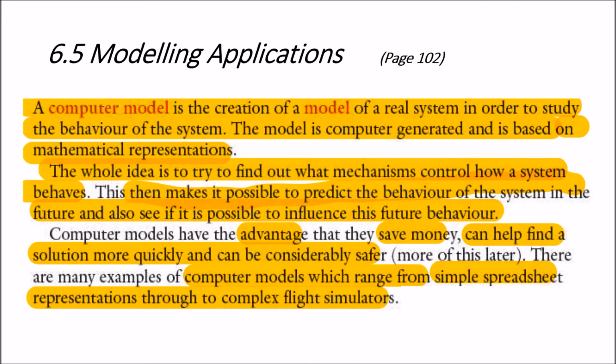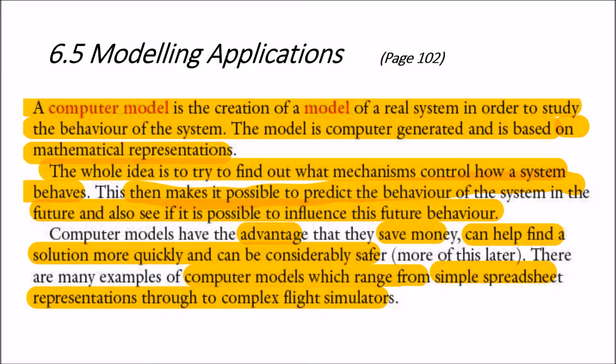The whole idea is to try to find out what mechanisms control how a system behaves. This then makes it possible to predict the behavior of the system in the future and also see if it is possible to influence this future behavior.